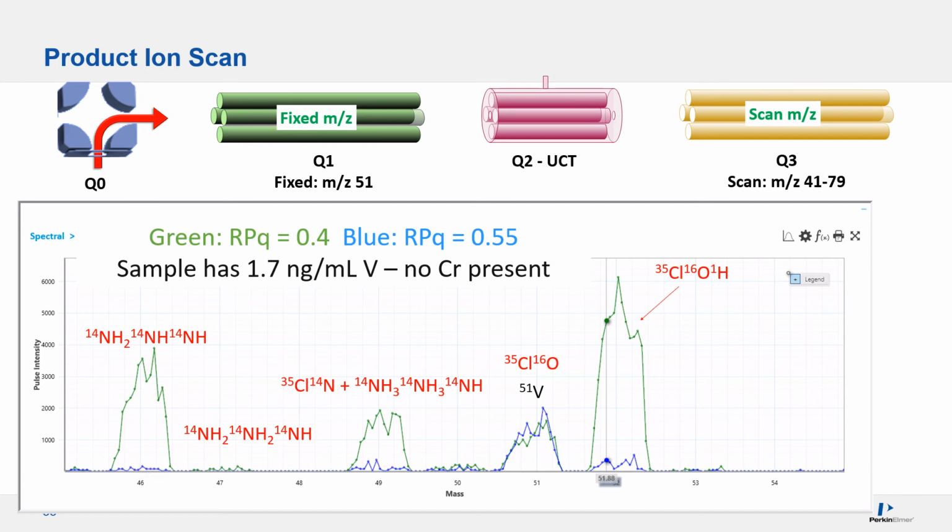When we apply that RPQ, we're essentially ejecting the reaction precursors by using the bandpass tuning in the cell. And you'll notice that the vanadium is still here. So even at green or blue, the cell has done a good job of getting rid of the ClO. The pure ammonia has done a good job of getting rid of the ClO.